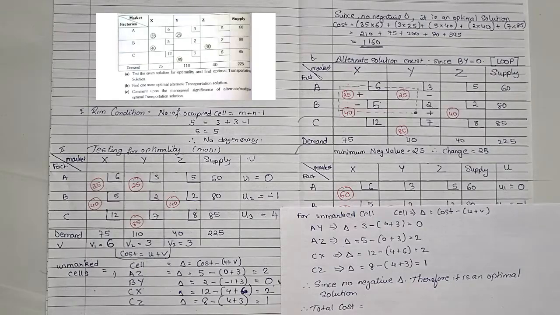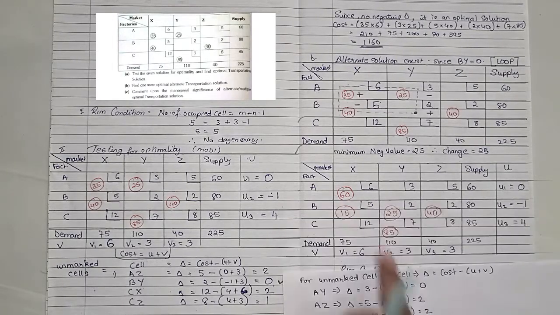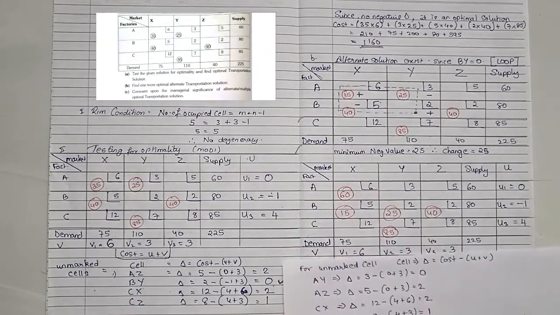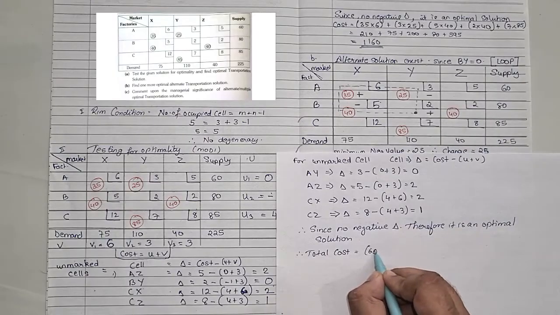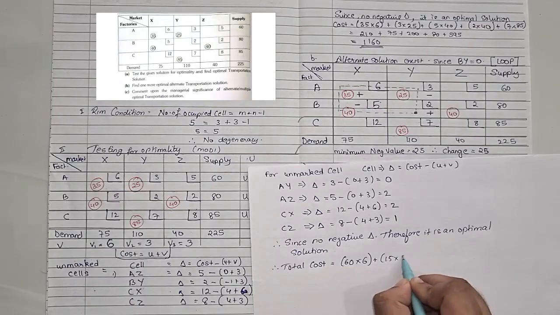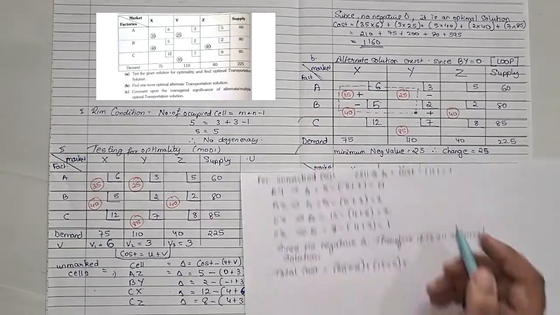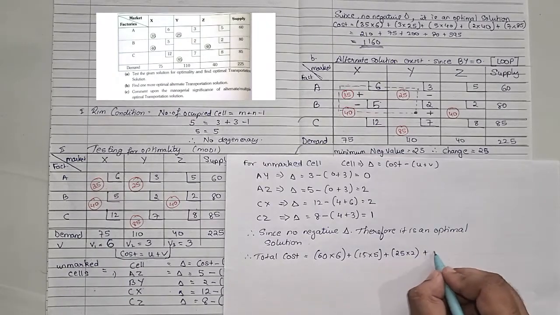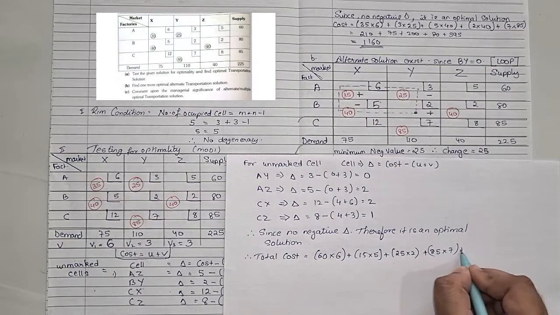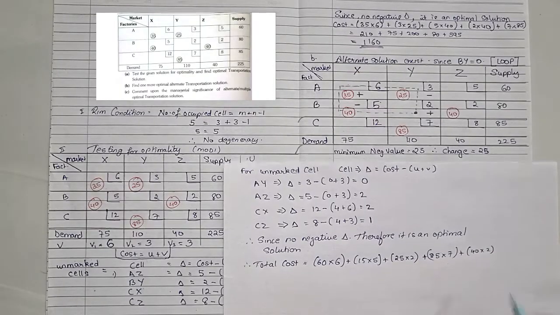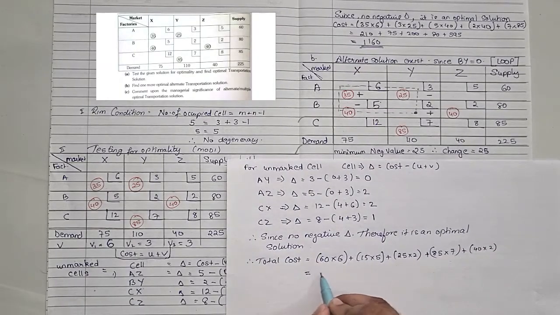Therefore, the total cost is equal to, now the new allocated values: 60 into 6 plus 15 into 5 plus 25 into 2 plus 85 into 7 plus 40 into 2.